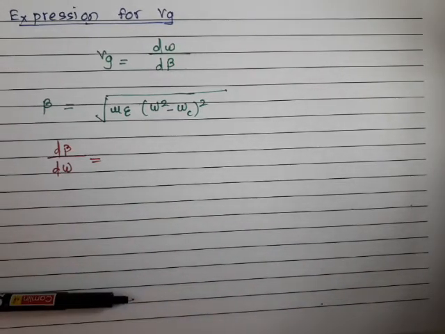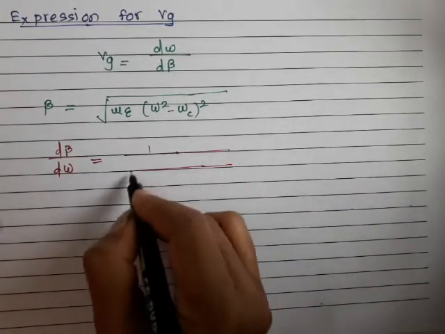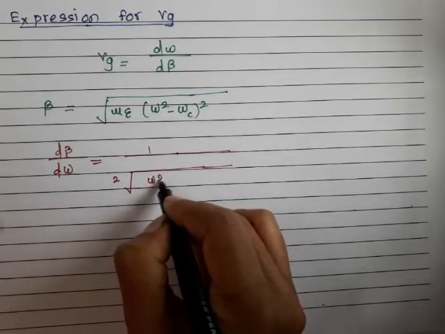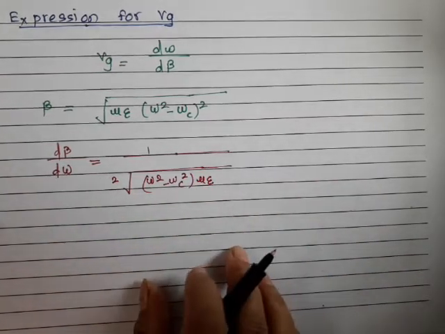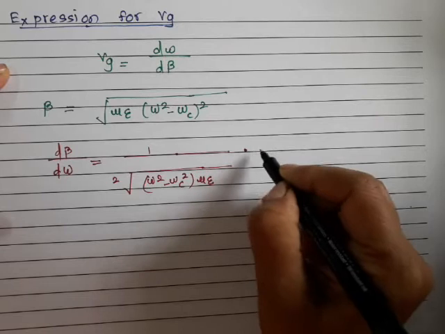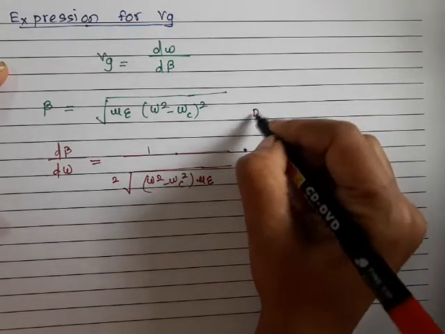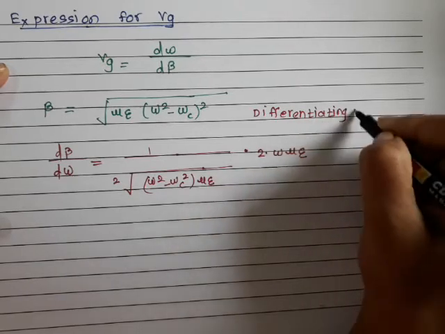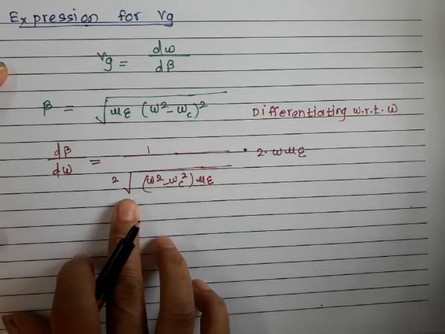So d beta by d omega is nothing but 1 divided by, since it is a square root, the power will become 1/2. So it will be like this. So the derivation is like this: mu epsilon with respect to d omega, so the value of the derivative will be 2 omega mu epsilon. So differentiating with respect to omega, you will get this term.